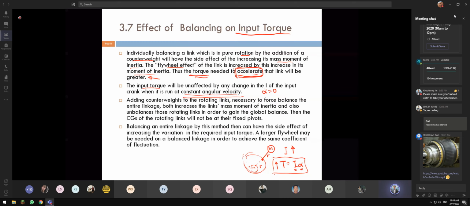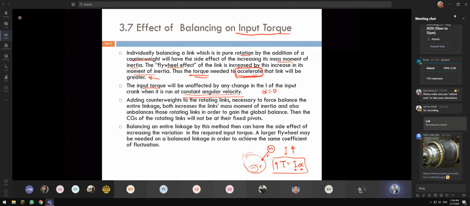Because of this phenomenon, adding counterweight to a rotating link, necessary to force balance the entire linkage, both increases the link mass moment of inertia and also unbalances those rotating links in order to gain the global balance. So this one just highlights what we said just now.